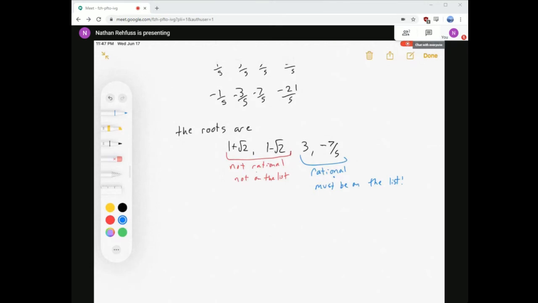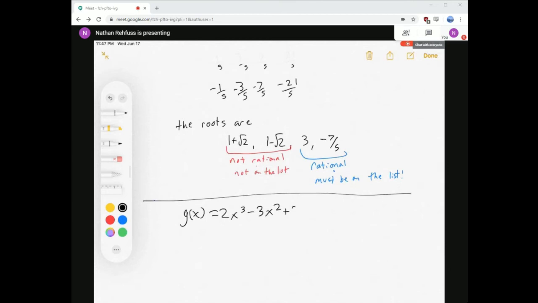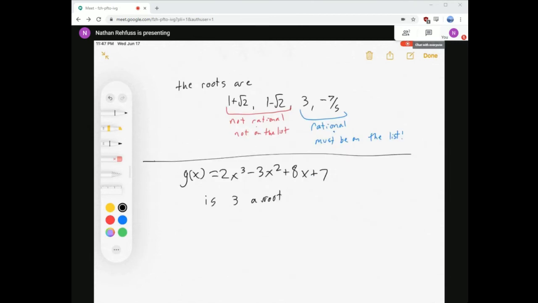Let's say g of x is 2x cubed minus 3x squared plus 8x plus 7. I could ask something like, is 3 a root?